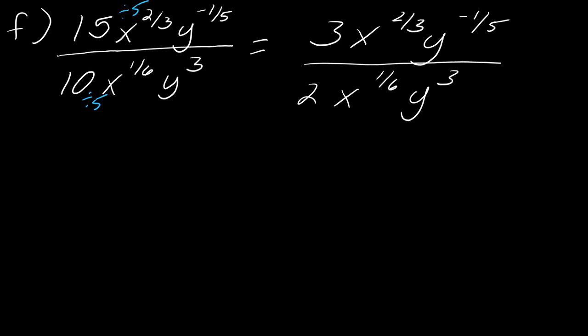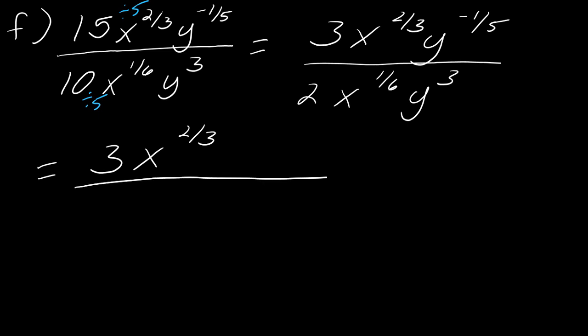If you're comfortable with fractions, you can go ahead and just rewrite fractions with the common denominator. This is the way some of my more advanced students do this, when they get really comfortable with these. So for instance, I've got x to the 2/3 up here and x to the 1/6 down here.